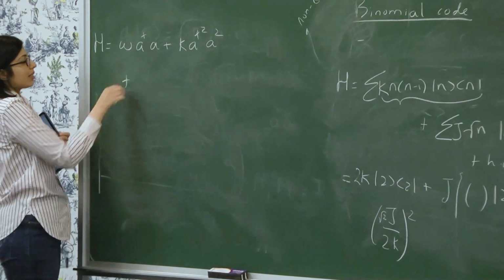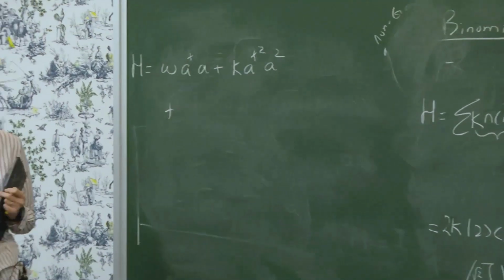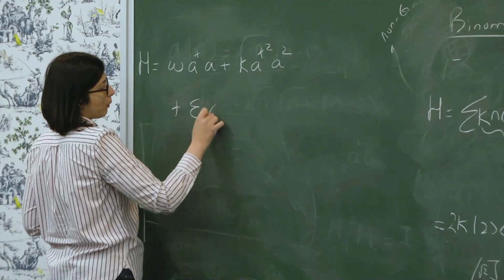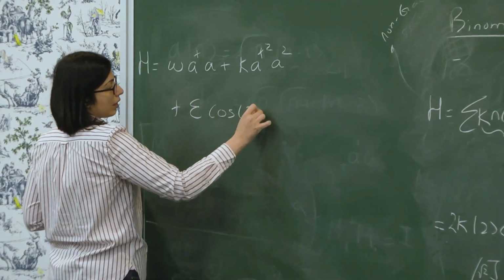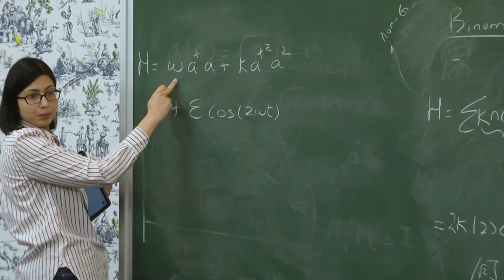Now I'm going to add something slightly more complicated than that linear drive. I'm going to add a quadratic drive, and I'm going to add that drive at twice the frequency of this one.